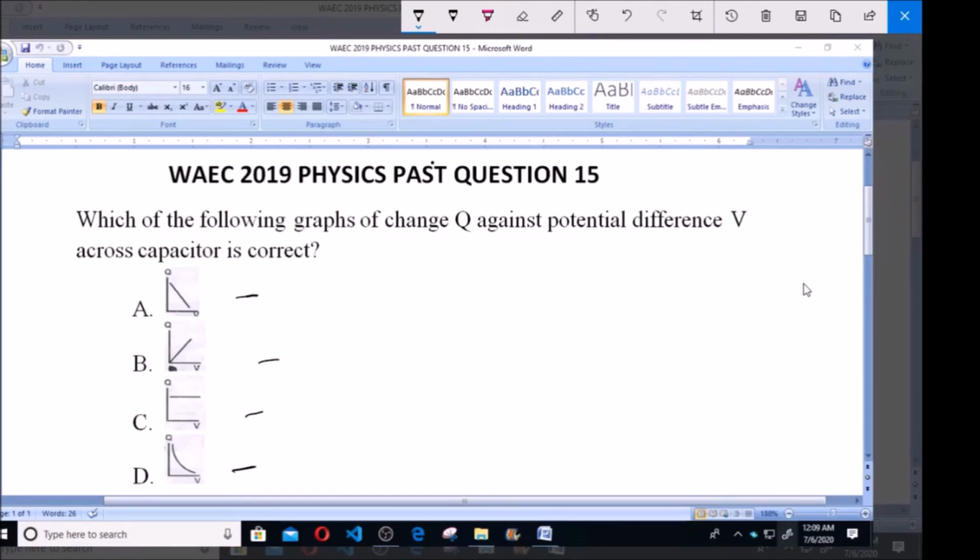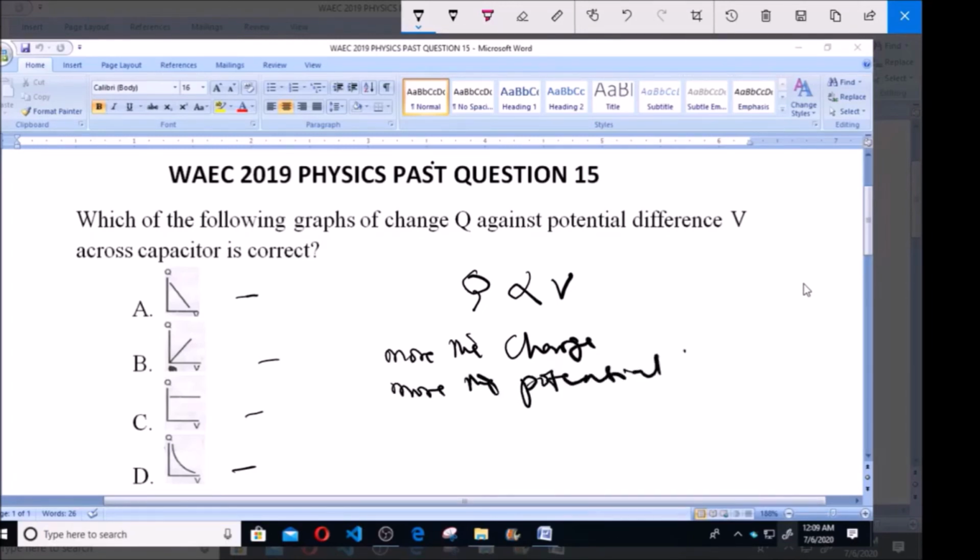So we are supposed to have Q varying directly as V, because the more the charge, the more the potential difference. So there is supposed to be a direct proportionality between Q and V.